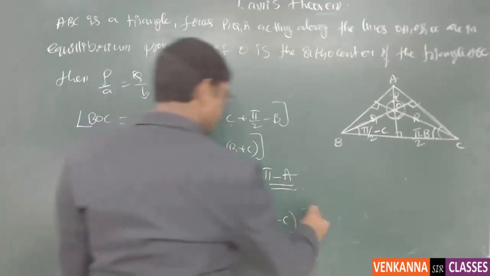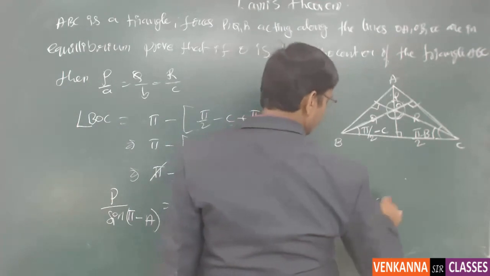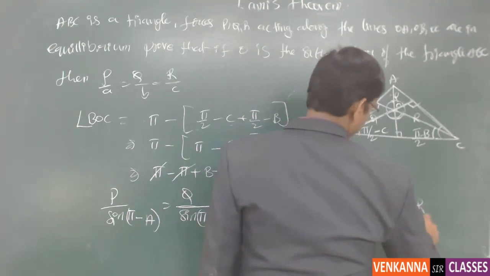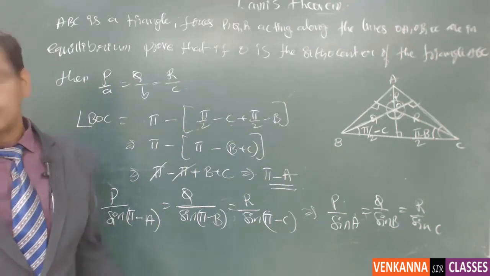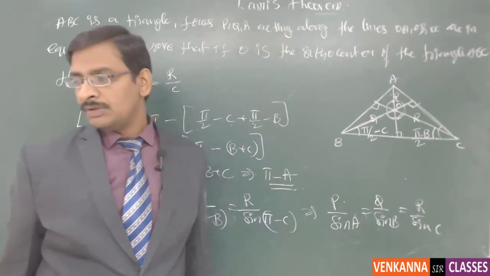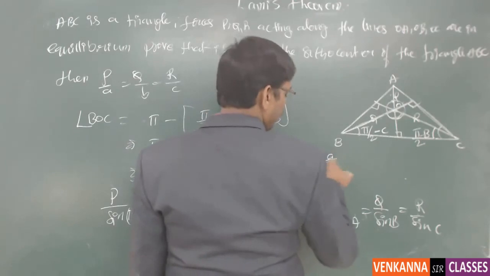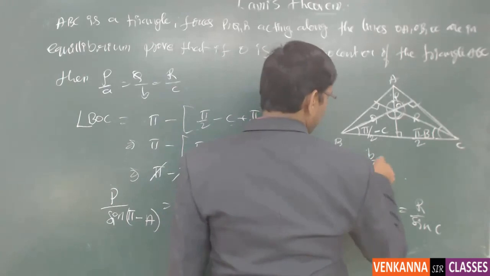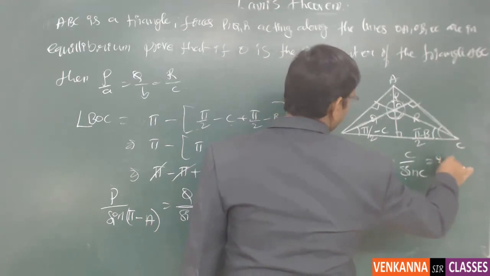Obviously sin(180 minus A) is sin A, so P by sin A is equal to Q by sin B is equal to R by sin C. Now you can apply the sine rule on that. a by sin A is equal to 2R, b by sin B equal to 2R, and c by sin C equal to 2R. So a by sin A is equal to b by sin B is equal to c by sin C equal to 2R.